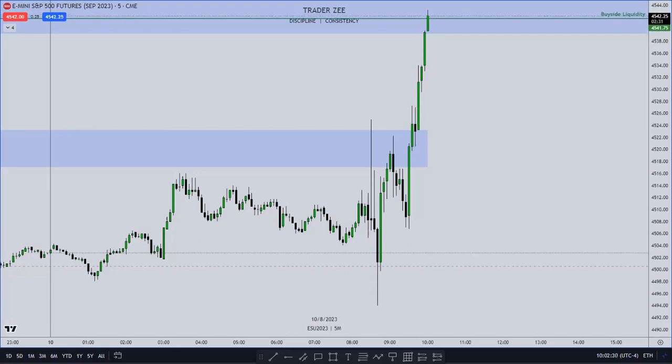I think yesterday's candle on the daily chart will be a good bullish order block now for the macro perspective bullish move.